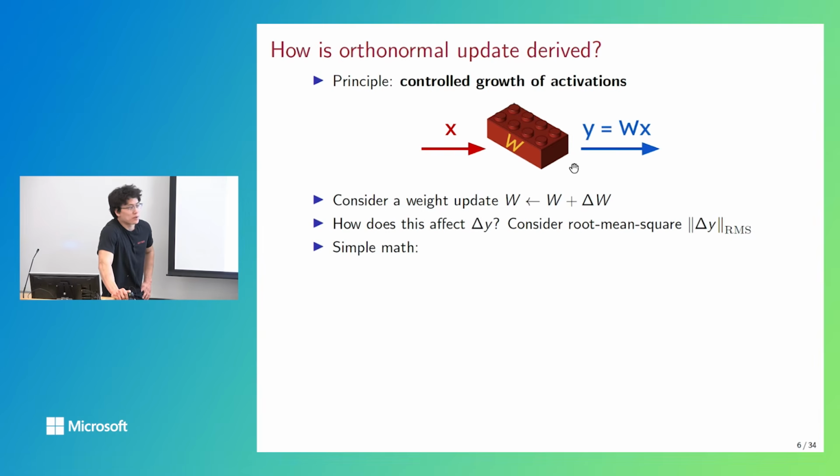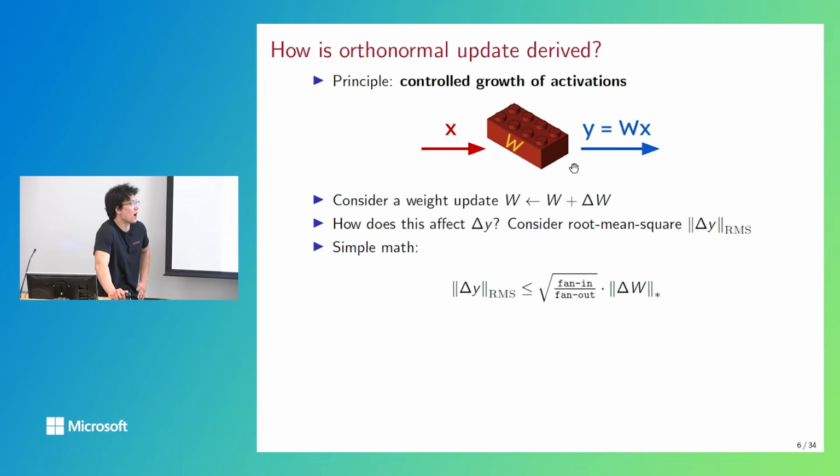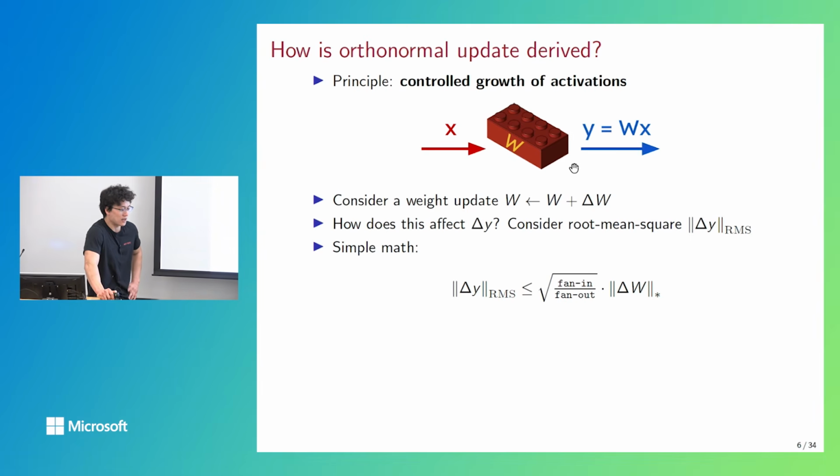With simple math, I'm going to skip the derivation here for simplicity. You can show that the change in RMS of this delta Y output is bounded by the scaling factor, square root of fan in over fan out, times the spectral norm of this weight update.